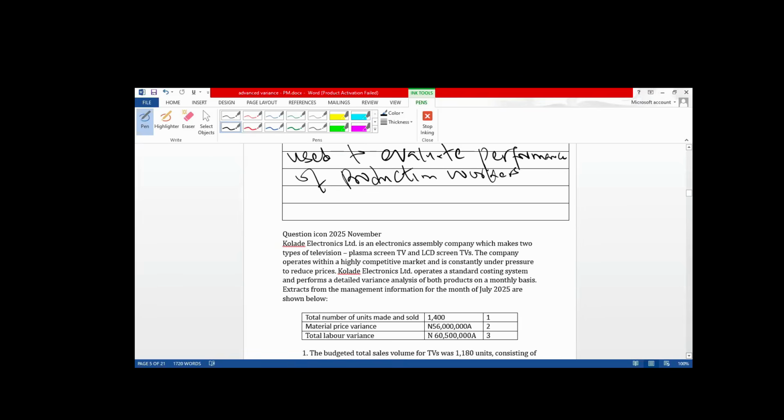The company operates within a highly competitive market and is constantly under pressure to reduce prices.